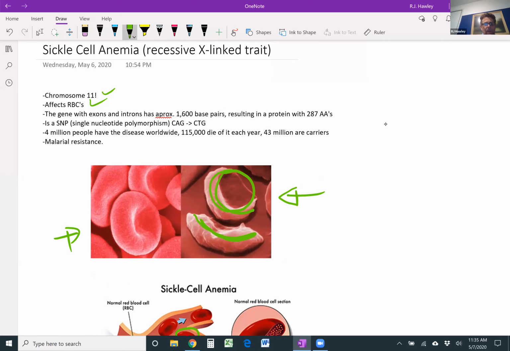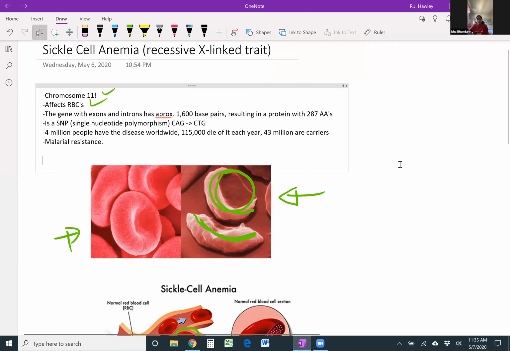What are the medications? Like, what do they treat if a person comes in with this and they have all these clots? There's some medicine that we can give them, but generally these people don't live a full lifetime. They get sick and they pass away at a younger age, and they don't have enough oxygen delivered to their muscles.